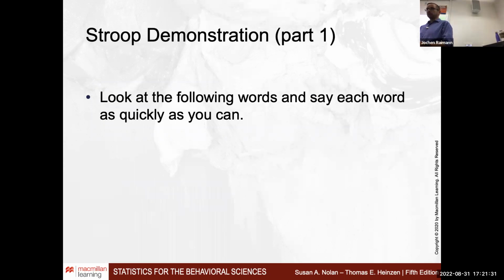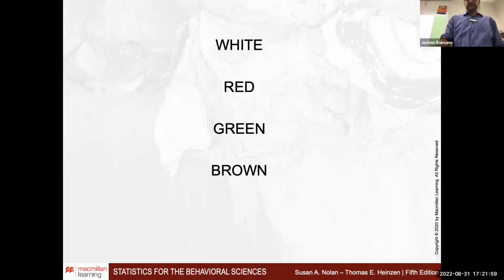Do I have a volunteer who wants to do it? It's not a big deal. Don't worry. Are you looking at the PowerPoint? No, don't look, you're spoiling it. I'm going to show you now 4 words and say each word as quickly as you can.